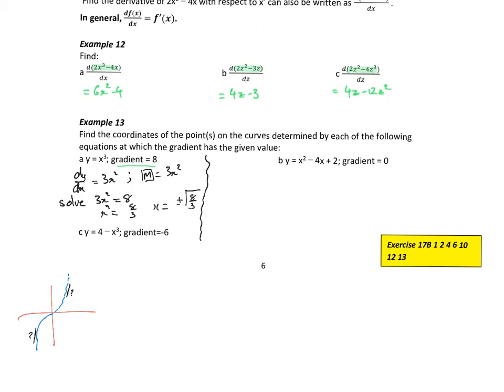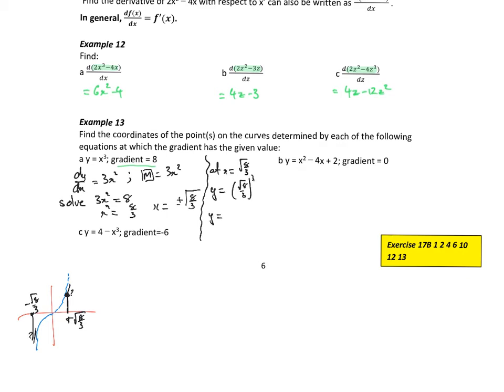We've got to find the coordinates of the points. I know that at x equal to positive root 8 on 3, and x equal to negative root 8 on 3, we have a gradient of 8, but I need to find the corresponding y value. So at x equal to root 8 on 3, y is equal to, well, we'll put that into the square root of 8 on 3 cubed.